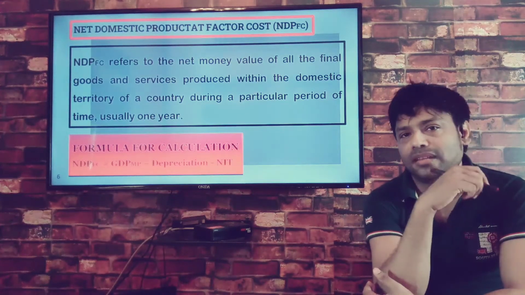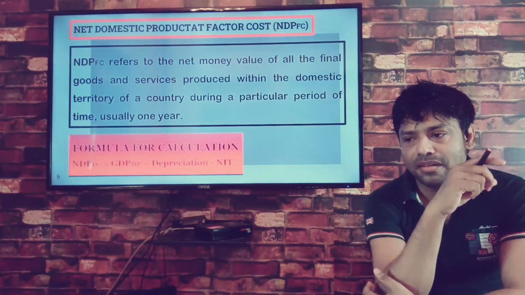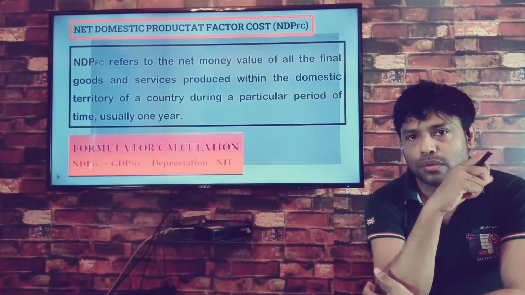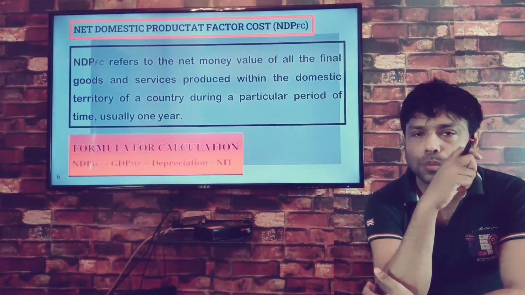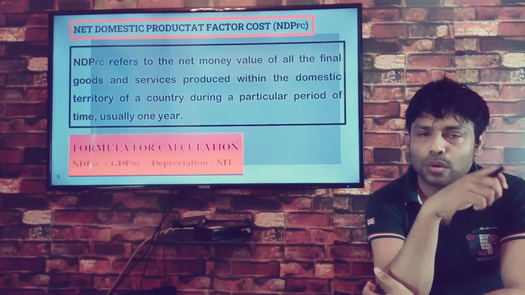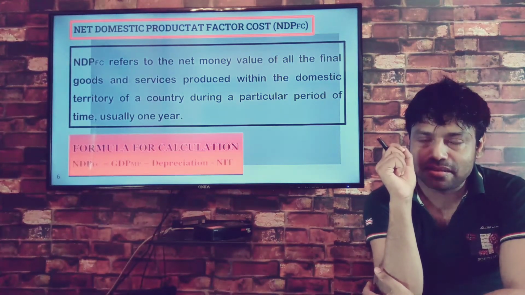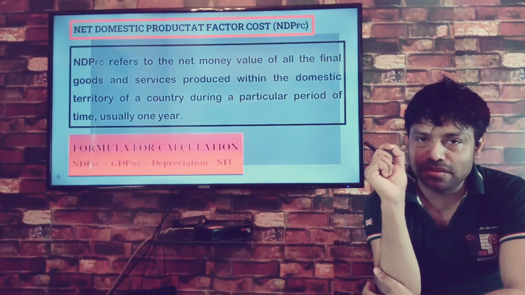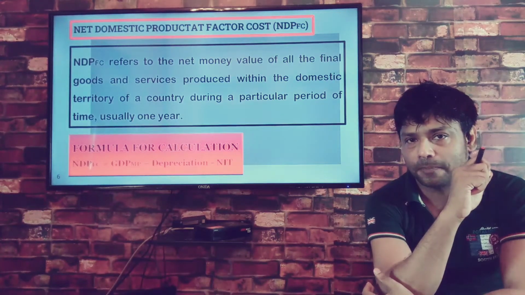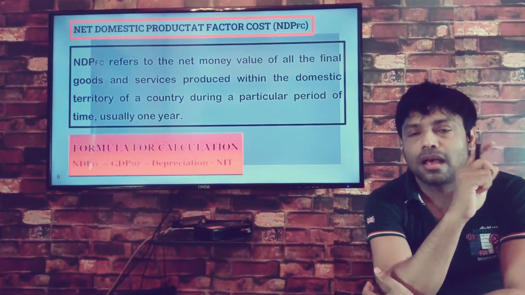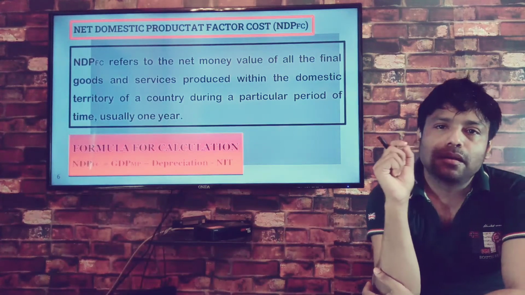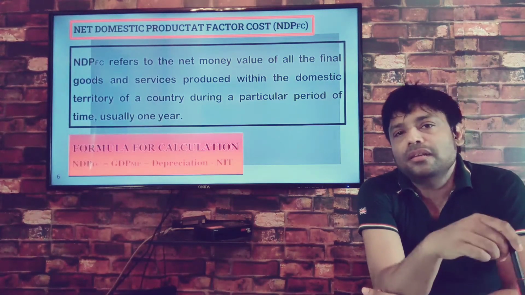Students, you can note one thing. To obtain the NDP at factor cost, what we have done, we have subtracted or deducted the net indirect taxes and depreciation from GDP at market price. Why? I am going to tell you. You have to remember one thing.